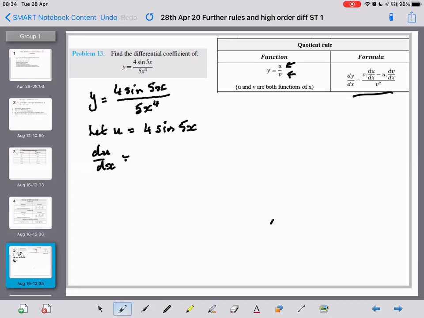Anyone remember? Look at your table of derivatives for the sine function. A cos ax. Yeah, so you take the 5 out and multiply, so 4 5s are 20, and then it goes to the cosine of 5x.